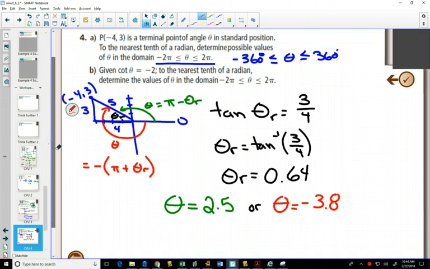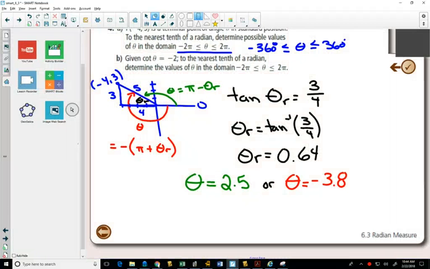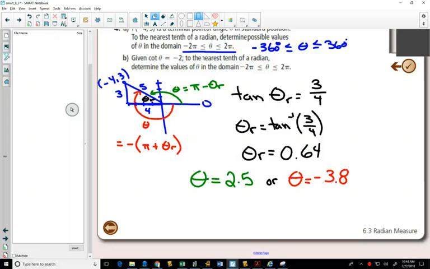Part B, given cotangent equals negative 2, determine all the values of theta in the domain.